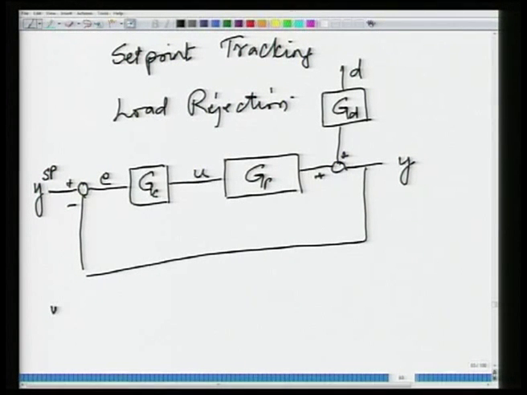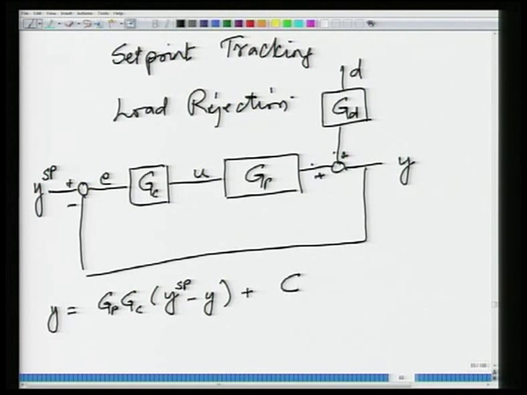We saw that Y is equal to this signal plus this signal, so this signal is GP times U or GP GC E. So, this is actually GP GC error, and the error is Y set point minus Y, and this signal is plus GD times D.